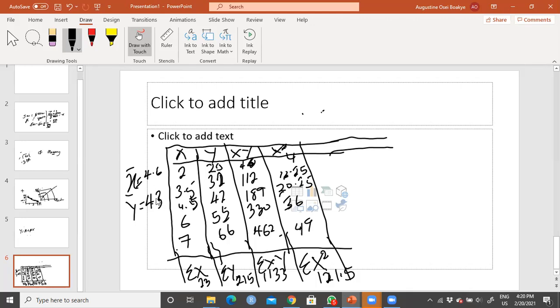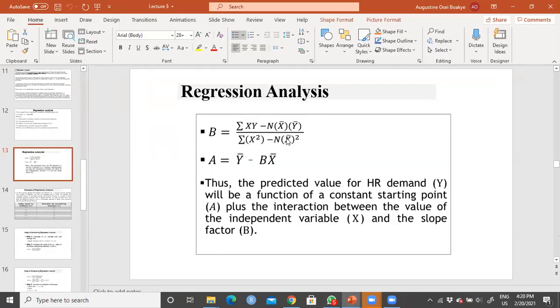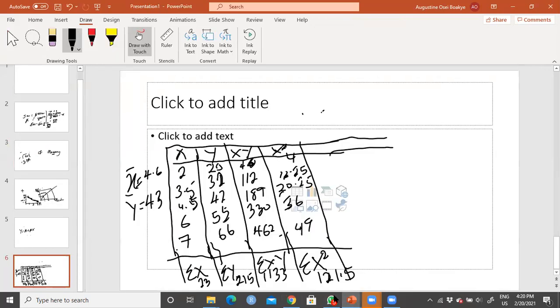Is it clear? So this 4.6 squared is this part of the equation. Because right now we have solved for all the aspects of the question, we are now going to put them into the equation. Is it clear?